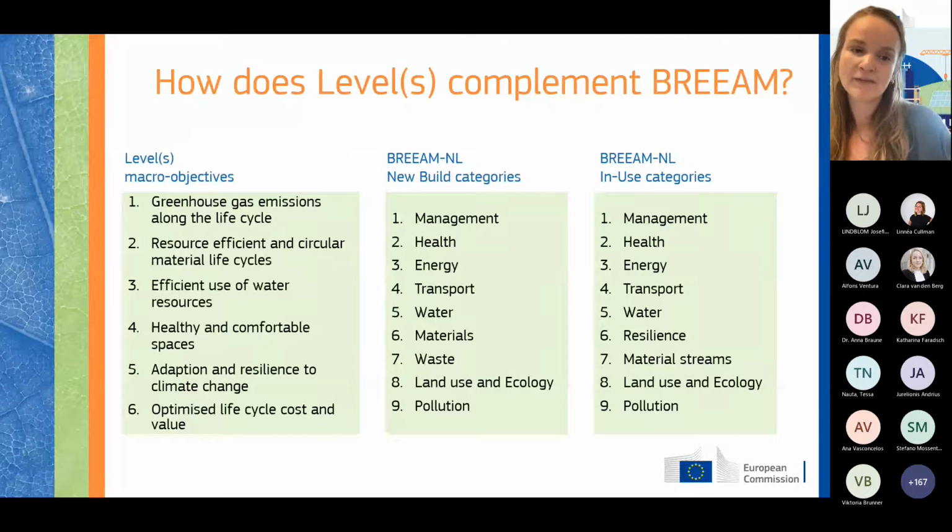And the same as Anna, we also did an in-depth study on the different indicators that are in levels and are in BREEAM as well. And those are pretty compliant with a few deviations. We are working on those.